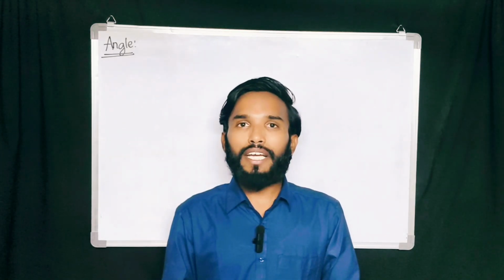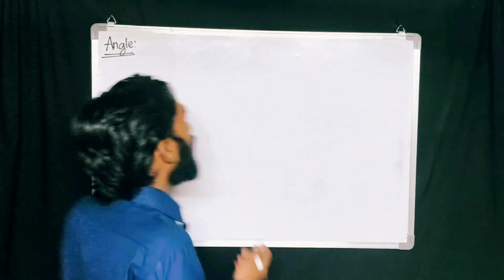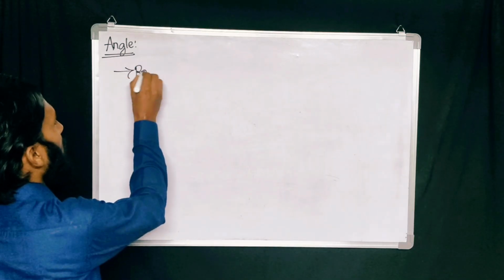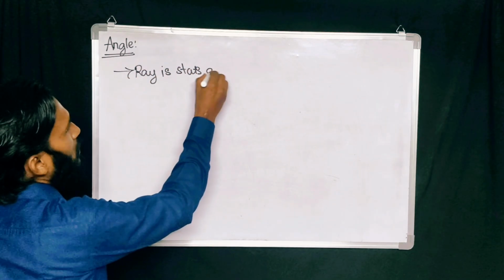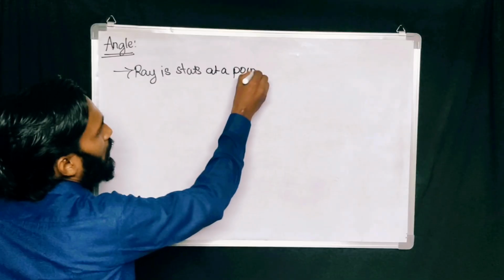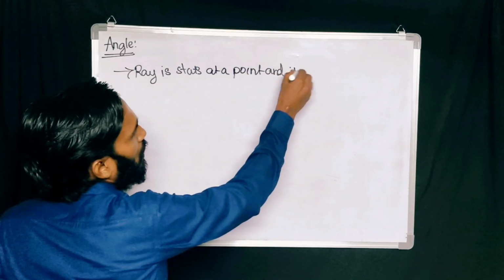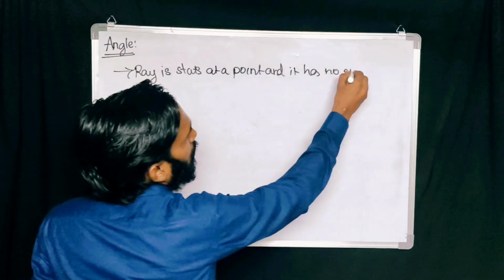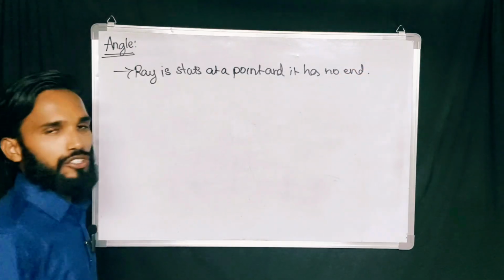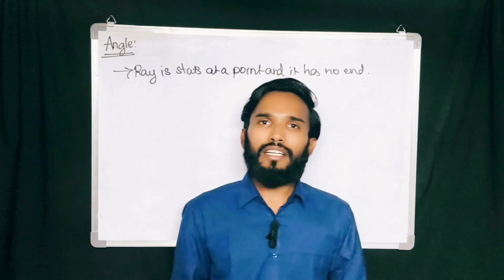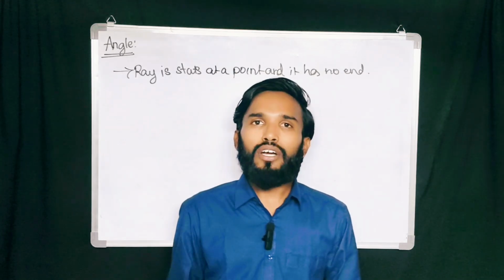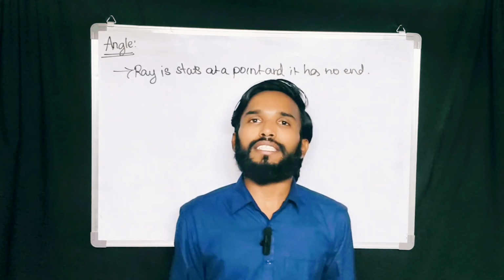Yesterday we saw that a ray starts at a point and has no end. So an angle forms when two rays meet at a single point.